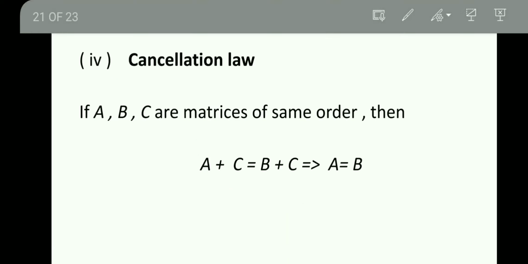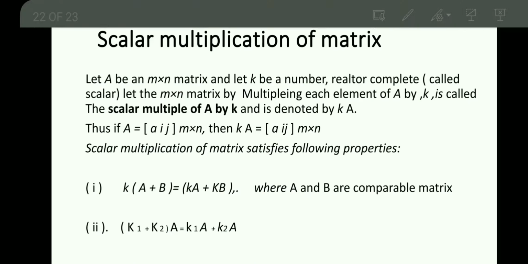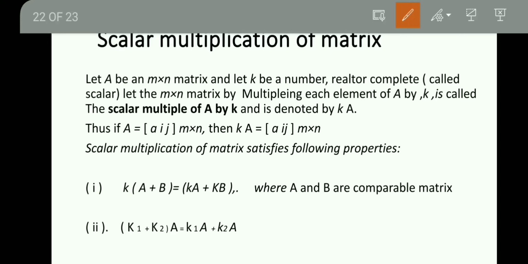The fourth, cancellation law. A, B, C are matrices of the same order. Then A plus C is equal to B plus C implies that A is equal to B. The scalar multiplication of a matrix. Let A be an m by n matrix and let k be a number, real or complex, called a scalar.